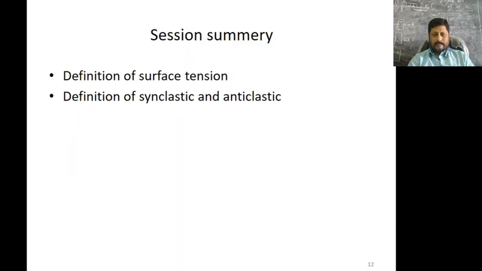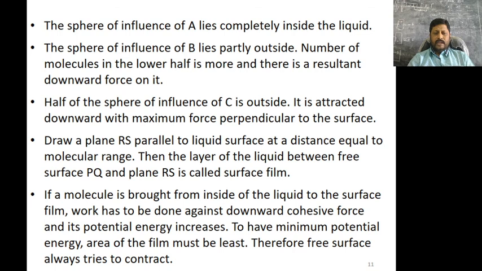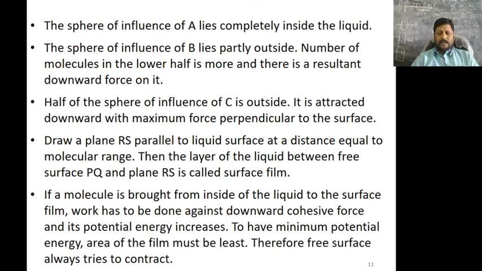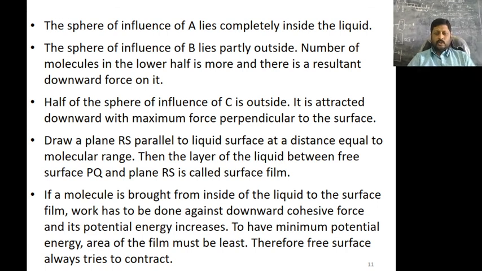That is, the free surface always tries to contract, and the free surface behaves as an elastic membrane, so that we can make a pin and blade float on the surface of the liquid.